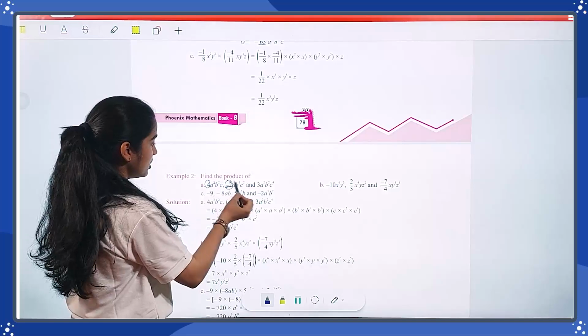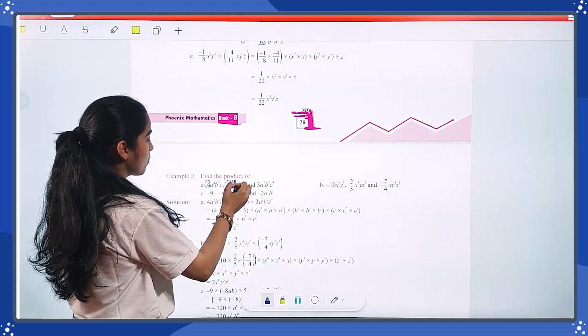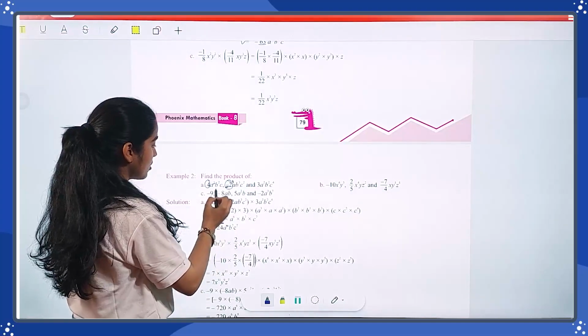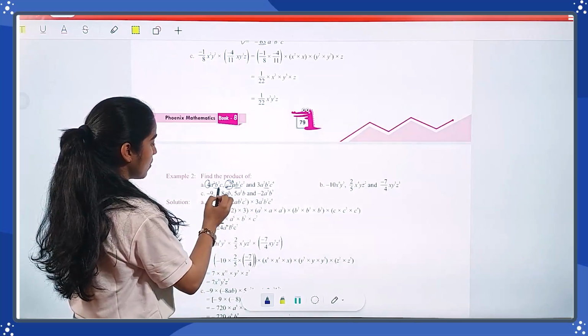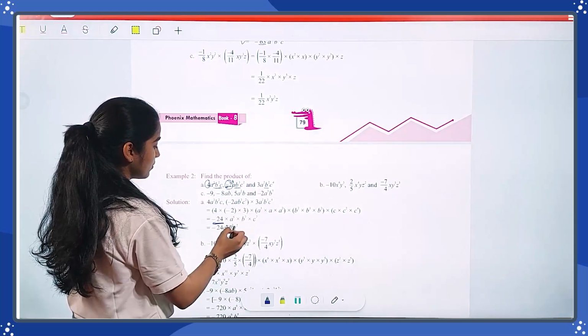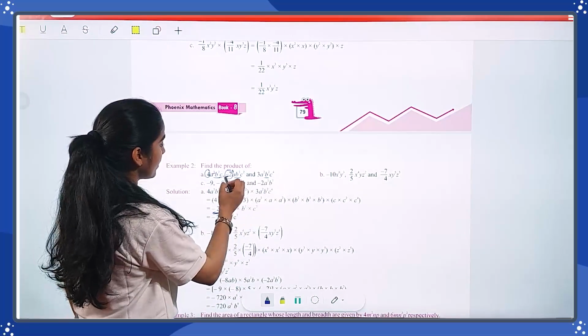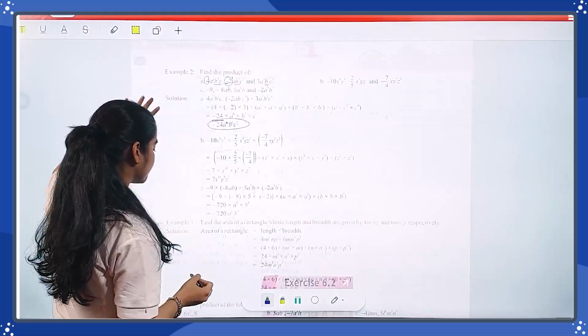Now we add the powers: 3 plus 1 plus 4 is 8... 4 plus 2 is 6, and so on, until we get 7. So this is your final answer.